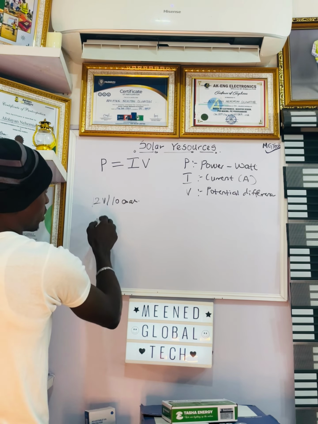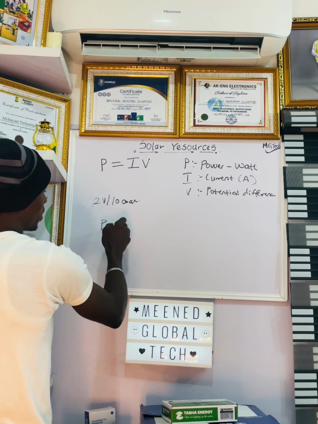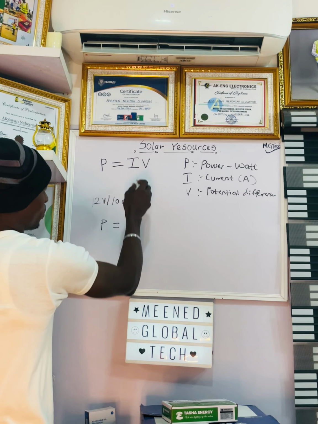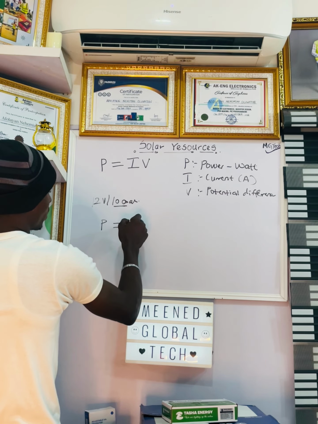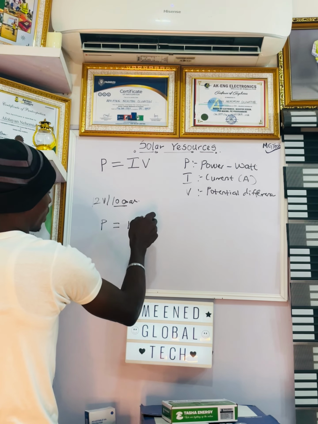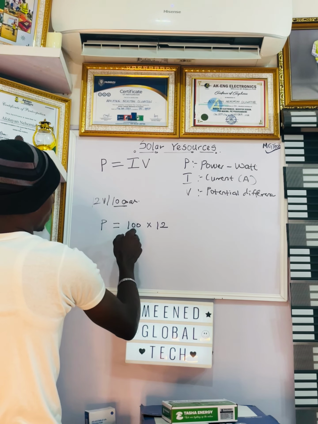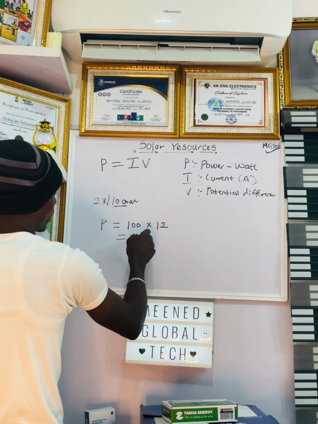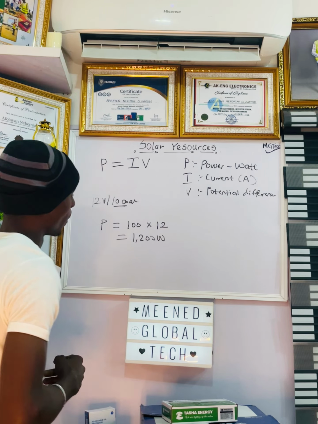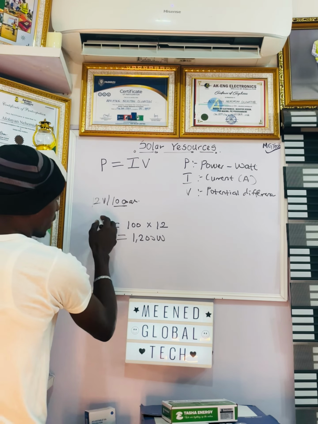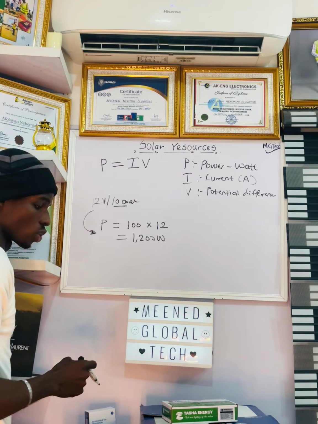If you want to calculate the power in hours that this battery has, you say P is equal to IV, where I is 100 amp hours, multiplied by the voltage, which is 12 volts. The power of this is 1200 watts. All right, having known that the power that this 12 volt 100 amp battery is holding is 1200 watts.